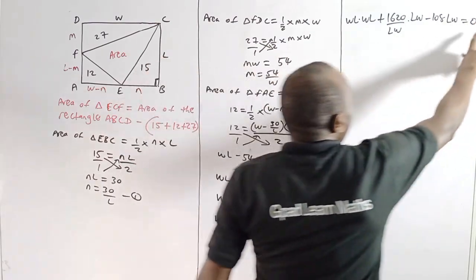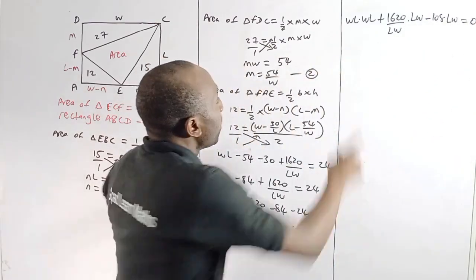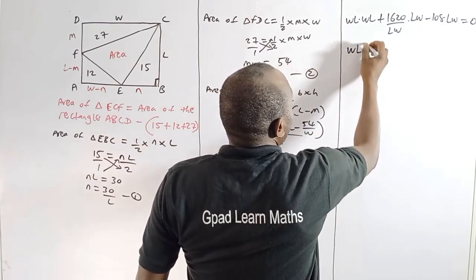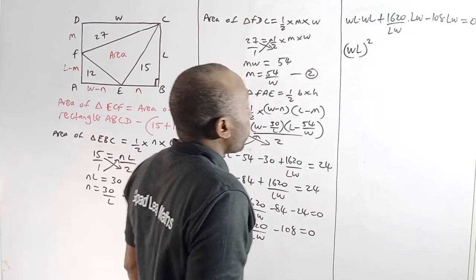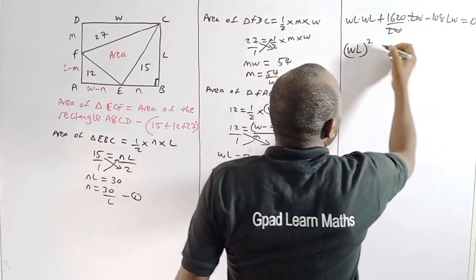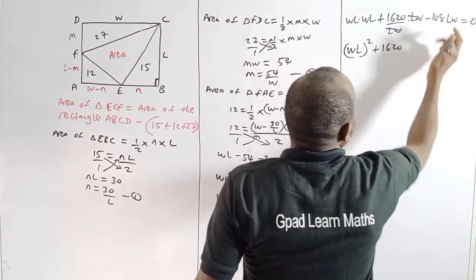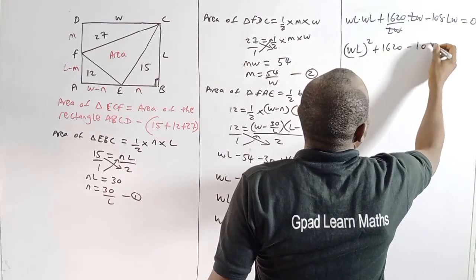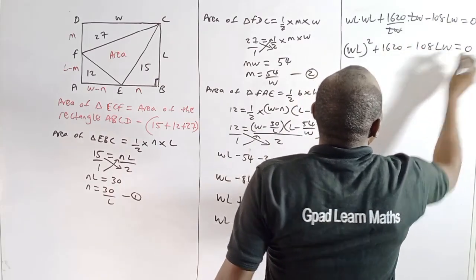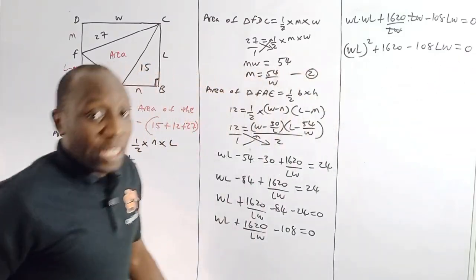Because if you multiply 0 by LW, you get 0 as well. So what's this times? Is that LW or WL squared? This cancels this. You have plus 1620 and minus 108 LW. This is already a quadratic equation.